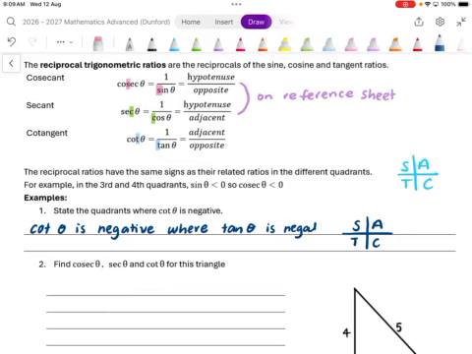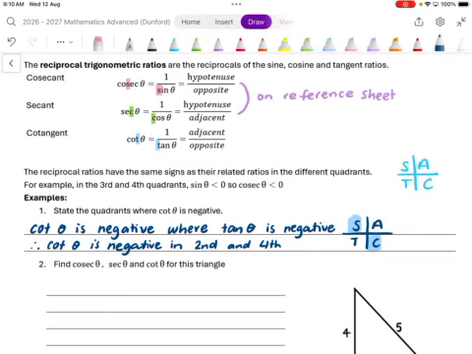So tan is negative in our S and our C quadrants. So therefore, cot theta is negative in our second and our fourth quadrant as well. Okay, does that make sense how that works?